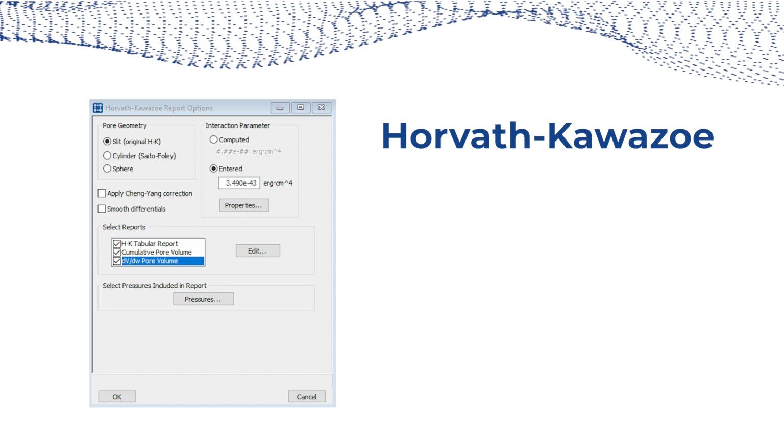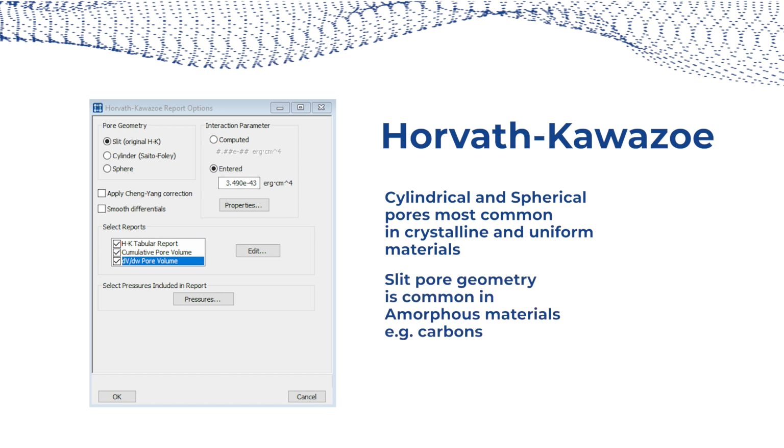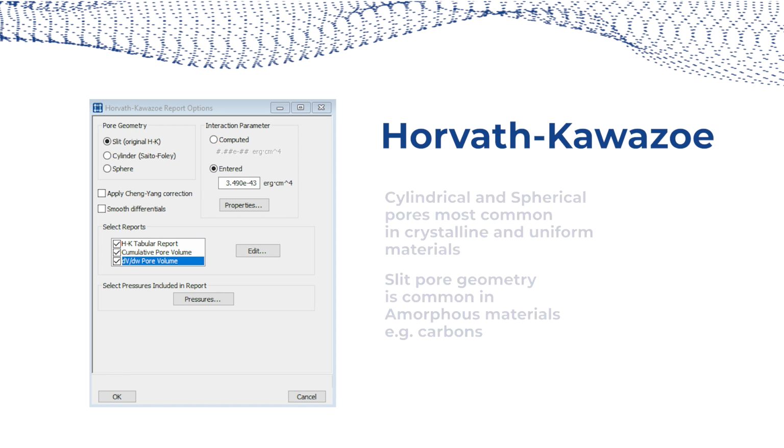Oftentimes, cylindrical and spherical pores are very common for crystalline materials such as zeolites, metal organic frameworks, etc., whereas slit-shaped pores are very common for amorphous materials and often carbons.